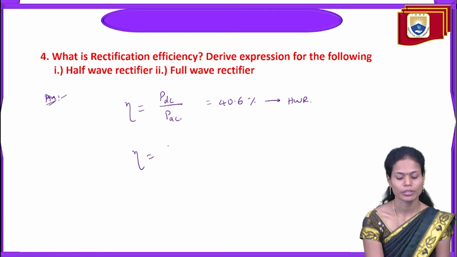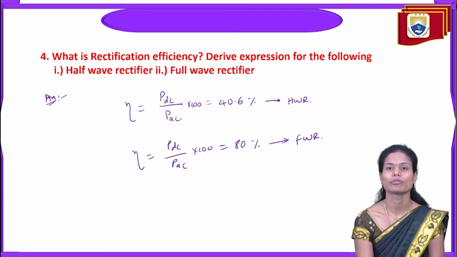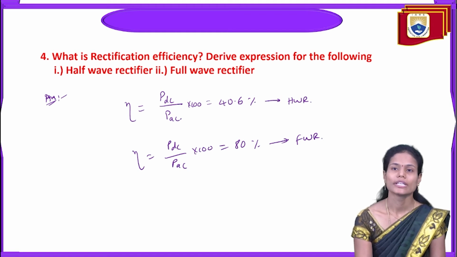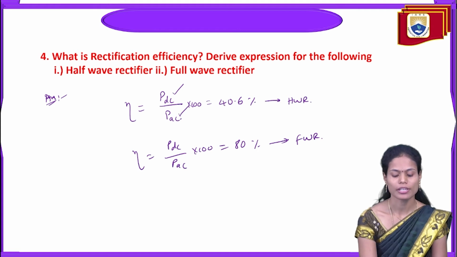And in the case of full wave rectifier, almost 80% we will get this particular value. So in order to derive the expression for this, we have to calculate the DC power as well as AC power and substitute those values here.